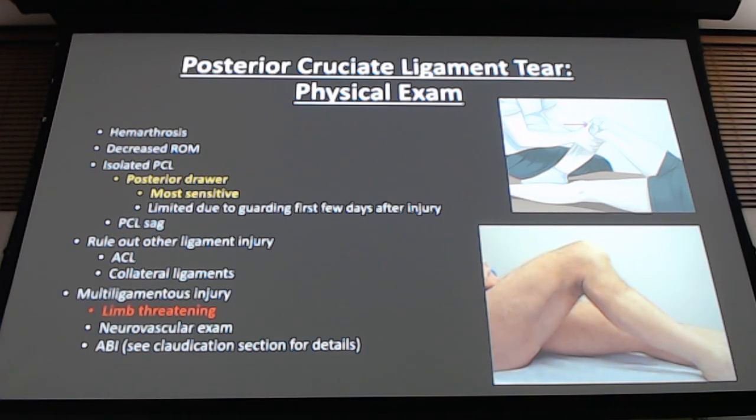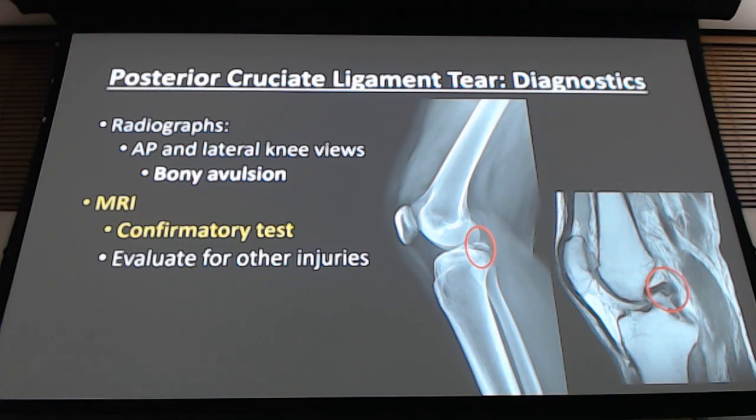Okay. Was that too fast? I think you guys were good because we talked about ACL, so the concept of ligamentous disruption, and we talked about tendon ruptures, right? So those concepts should be ingrained by now, hopefully. Okay? Right, when it comes to radiographs, are you going to see much? Not necessarily.